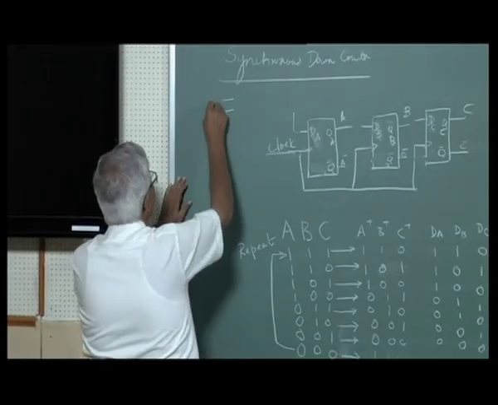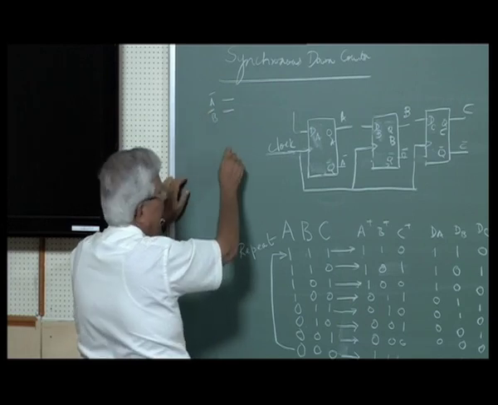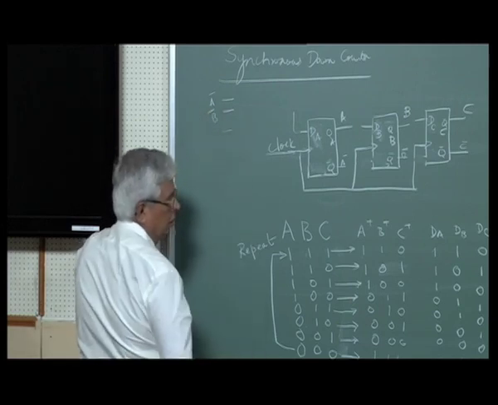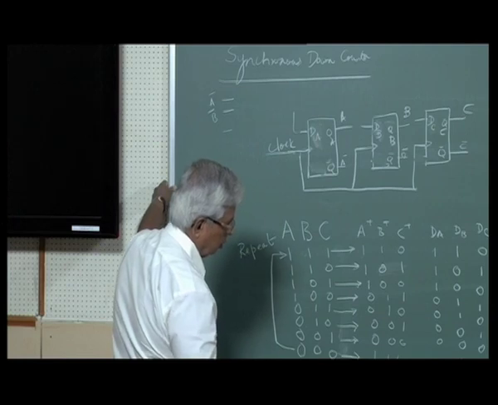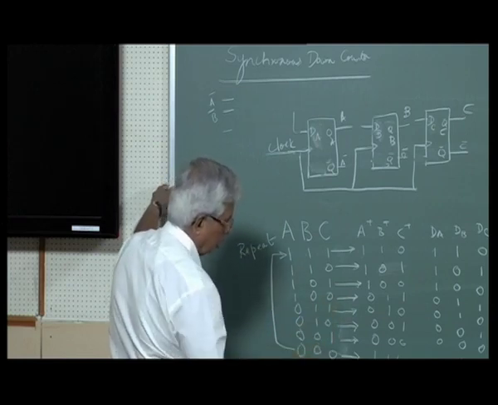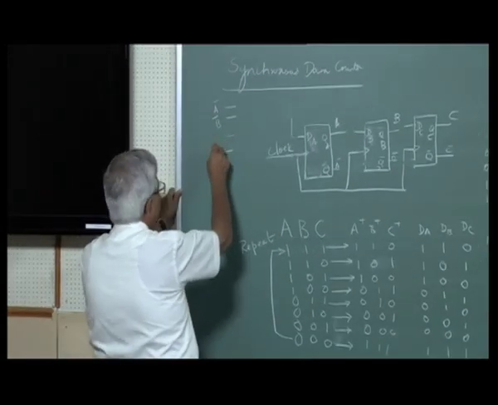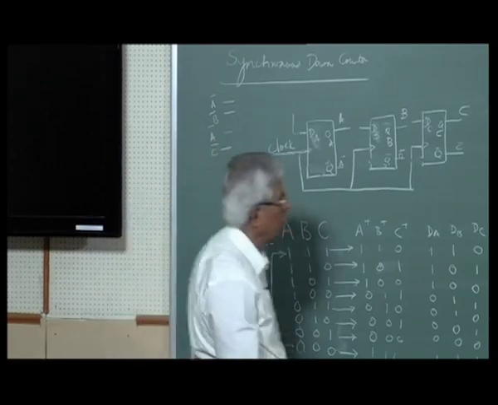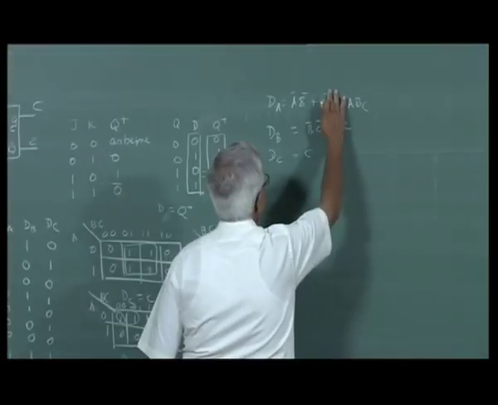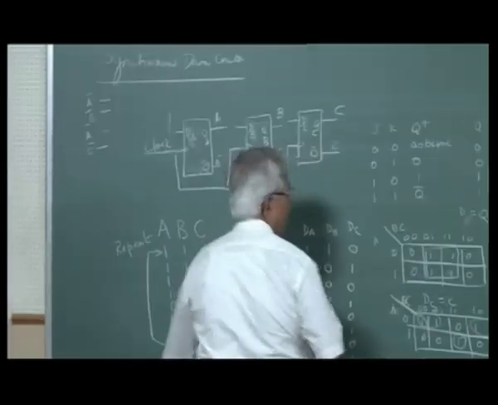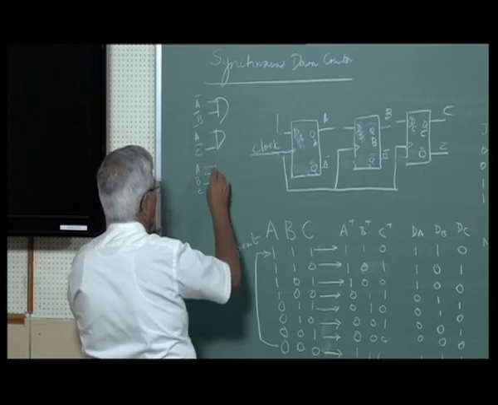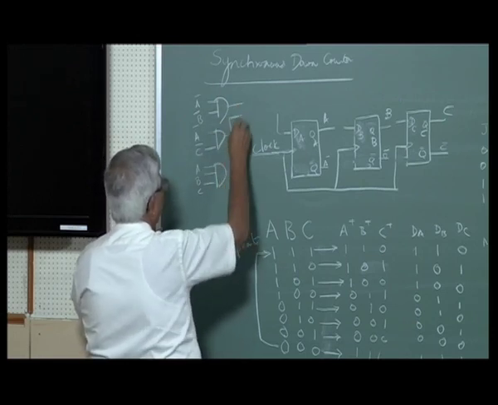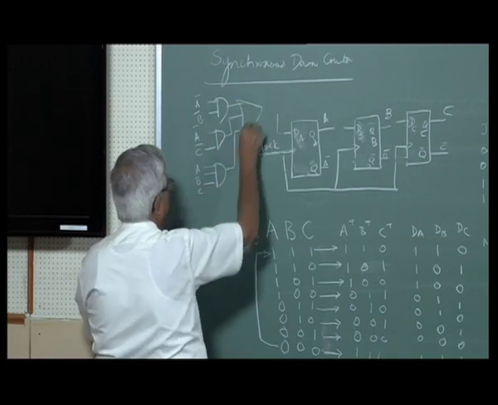A bar B bar, A bar C bar, and ABC. All of them join in an OR gate, that will become my DA.